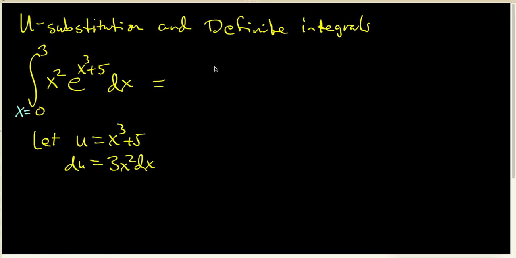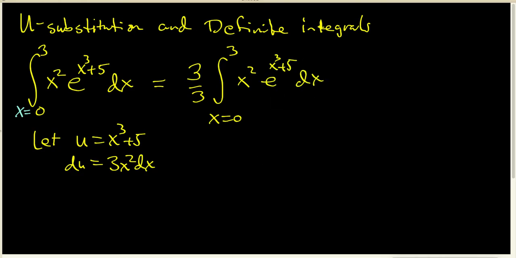And I'm going to rewrite this integral by fixing it up with that 3 over 3. And I have the integral as x goes from 0 to 3 of x squared e to the x cubed plus 5 dx, and now I'm going to do the standard circling of stuff.